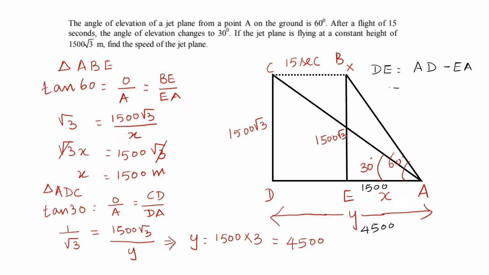What is AD? 4500 minus 1500. So we get DE equal to 3000. See, 3000 plus 1500 gives 4500.